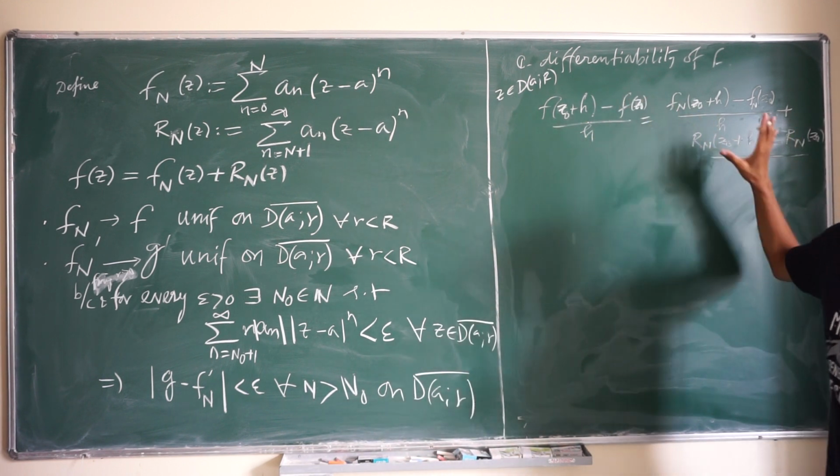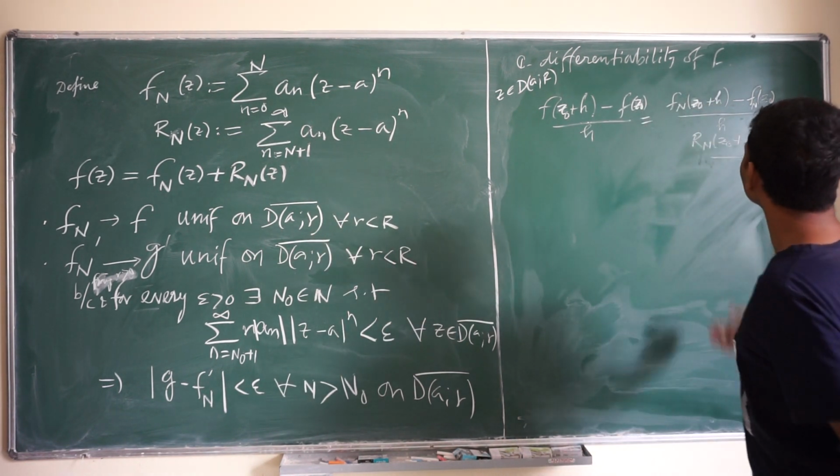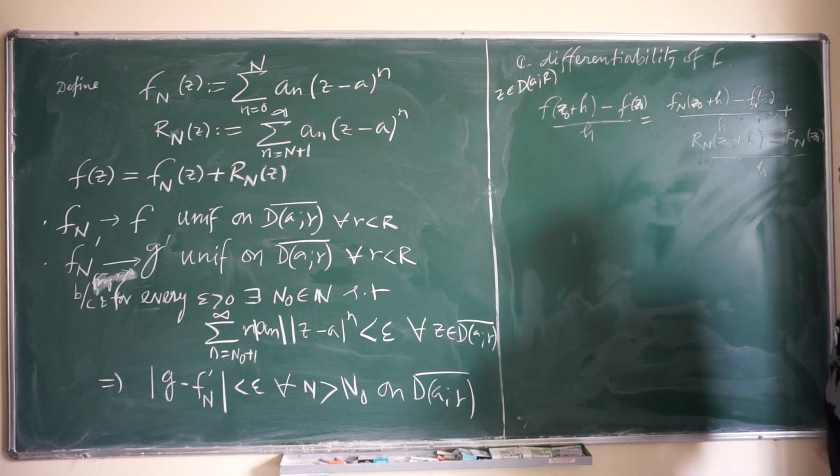We just divide it into two parts, and the first part, as h tends to 0, goes to Fn prime. What about the second part?